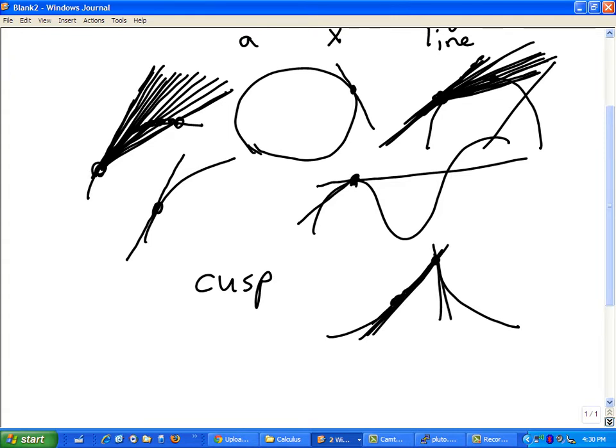So you might say that as your point slides in this way, you're getting close to this line. As you're sliding in this way, you're getting close to this line, and they don't come together. And that is the case. When you have a cusp, the point where the cusp occurs is a place where the derivative will fail to exist. And you can sort of sense why, because the limit from the left and the limit from the right are not the same thing.